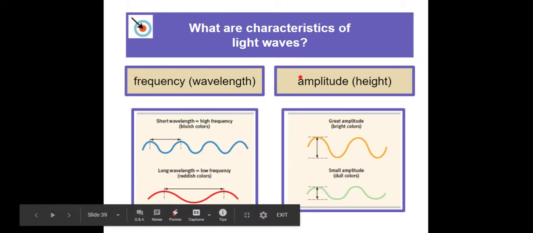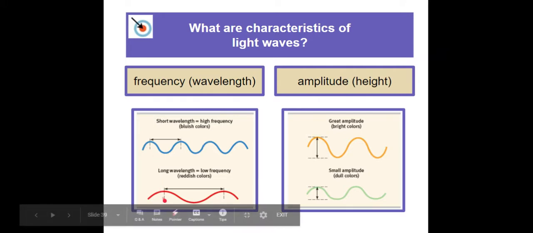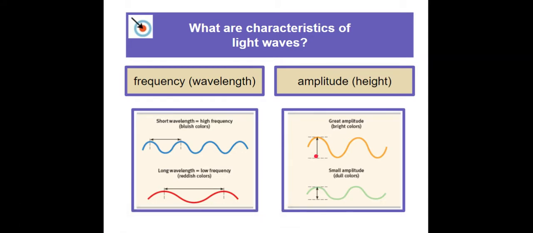Now let's talk amplitude. Amplitude is the height of those waves. Blue and red we use to describe the length of the wavelength or the lack thereof. Blue is very short and tight. Red is very long. Now, yellow and green we use to measure the height or lack thereof.